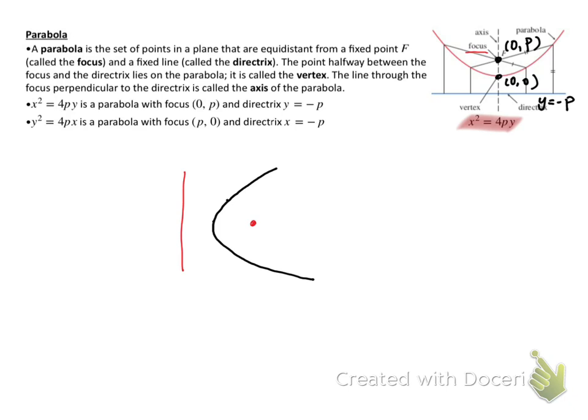And if you set up your coordinate plane at the vertex of the parabola, which will be here, this will be (p, 0), and this will be x equals negative p. Of course, this is when p is greater than 0. Since your directrix is vertical, you have y squared equals 4px.